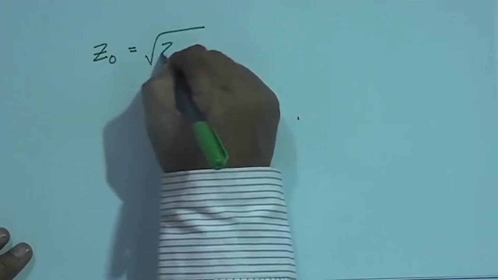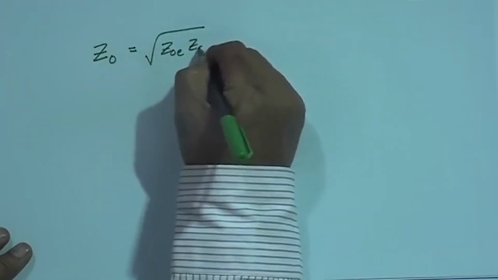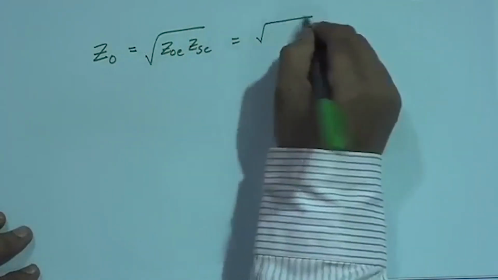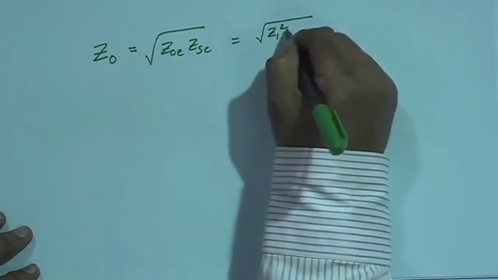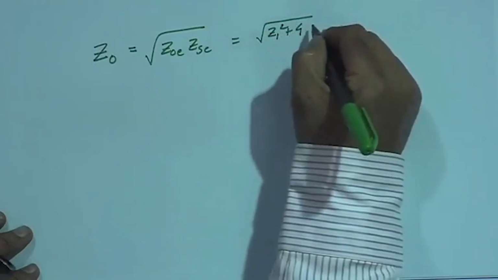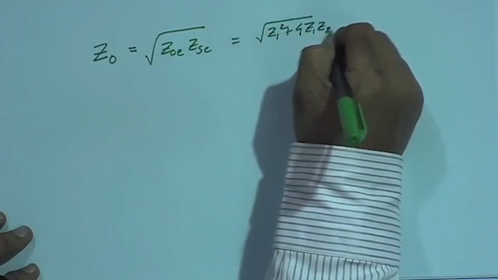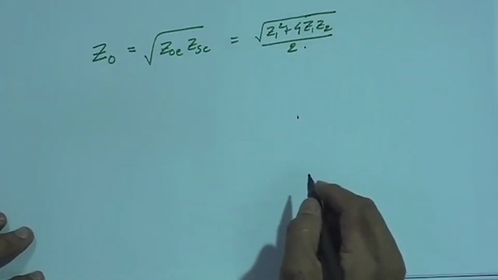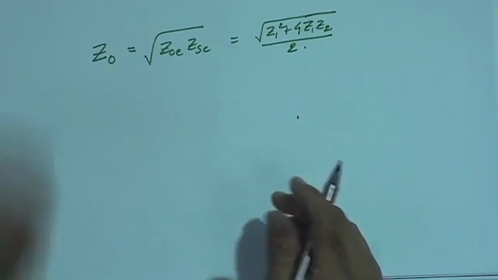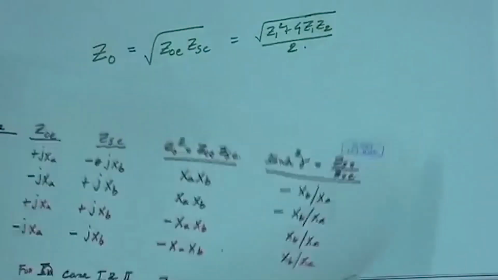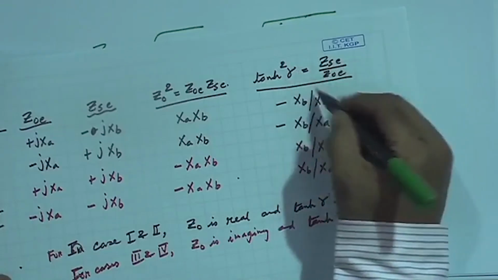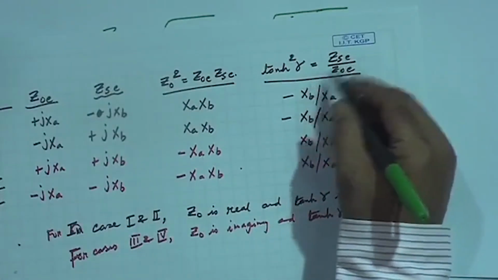So, I can easily now find the characteristic impedance Z0. I know always this is true. I have expressions for them. So, if you put, it becomes Z1 square plus 4 Z1 Z2 by 2. Already we have seen in that table that in this case gamma becomes pure imaginary.